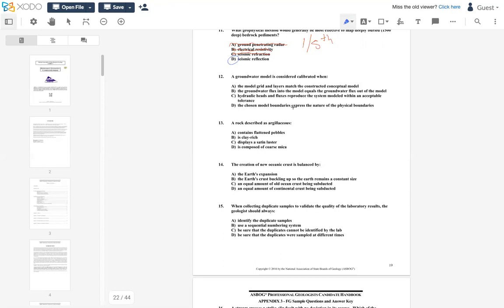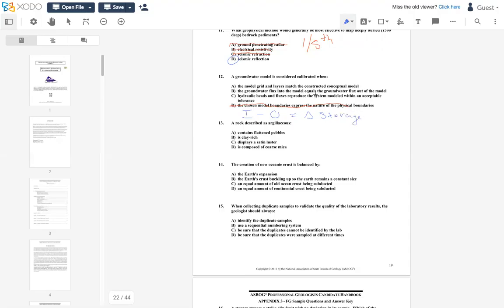So I feel like D is not correct. B sounds like a very good answer, especially because if you think in very basic terms, input minus output is equal to change in storage.